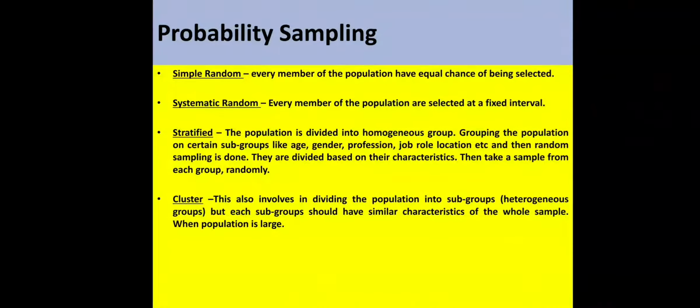So this diverse population, you're trying to divide it into different groups, like you have one group which is of 20 years old. Okay. The next group, maybe it is of 30 years old.